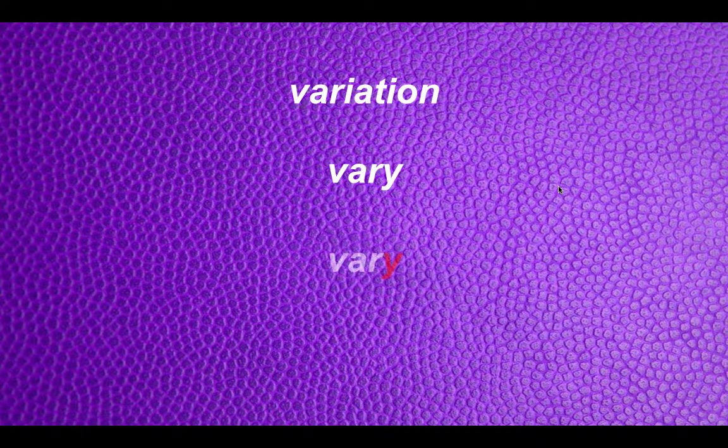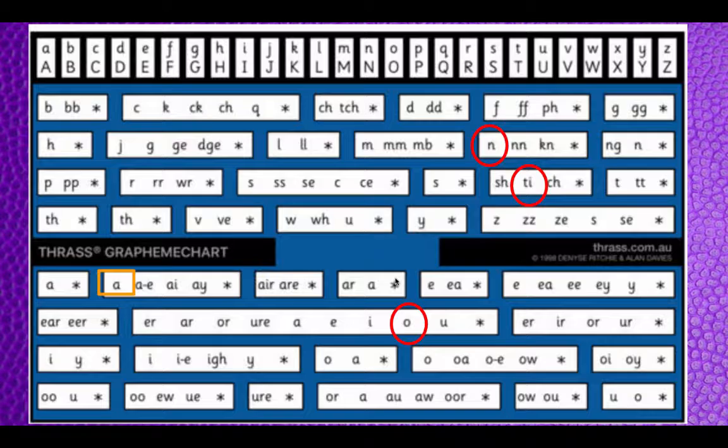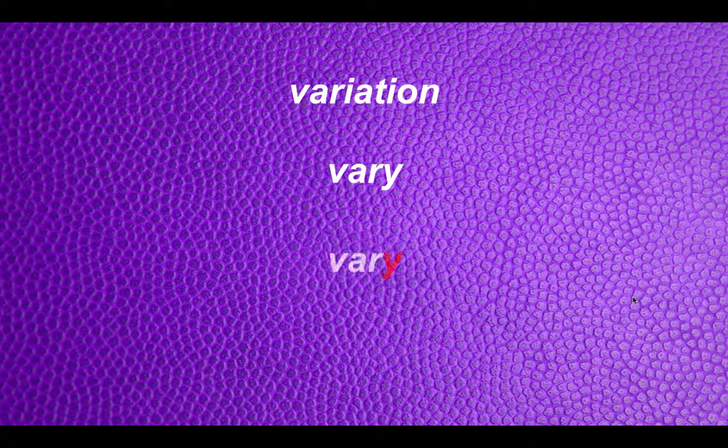The word vary ends with this Y sound, which if we look back at the THRASS chart is part of the E box, very. So it's acting as an actual vowel, this Y. Even though it's usually a consonant, it's acting as a vowel to make very.